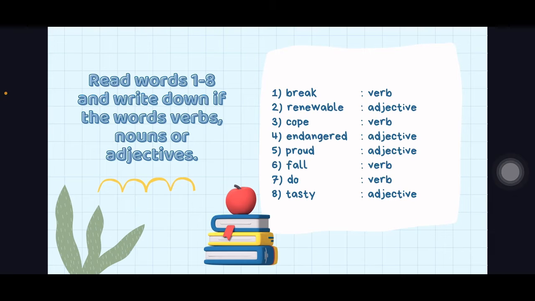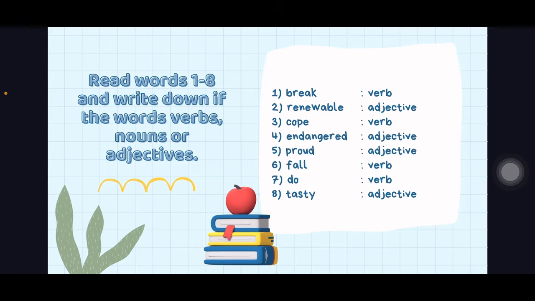For number 1, the word break is a verb. For number 2, the word renewable is adjective. Number 3 is a verb. Number 4 is adjective, as well as number 5, adjective. Number 6 is a verb. Number 7 is also a verb. And then the last one is adjective.